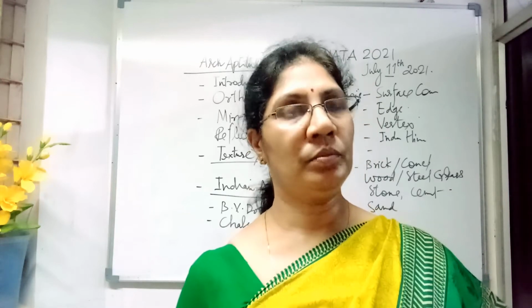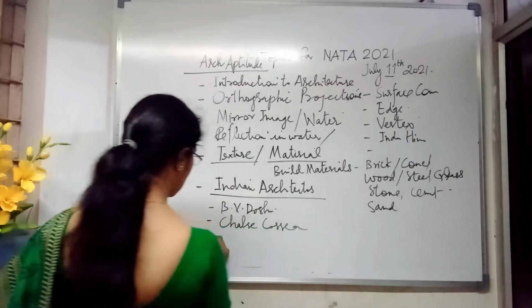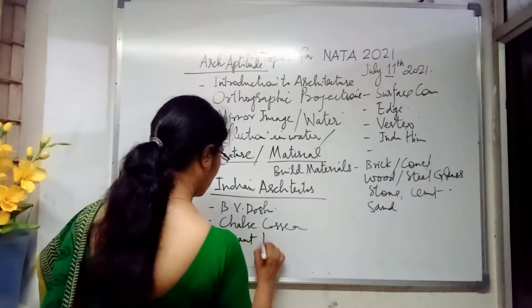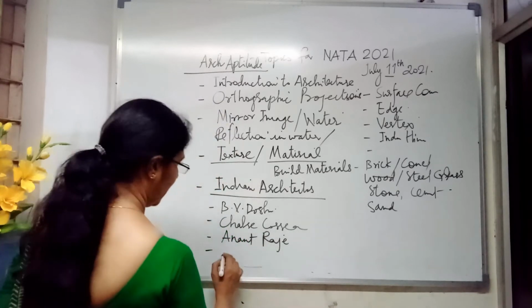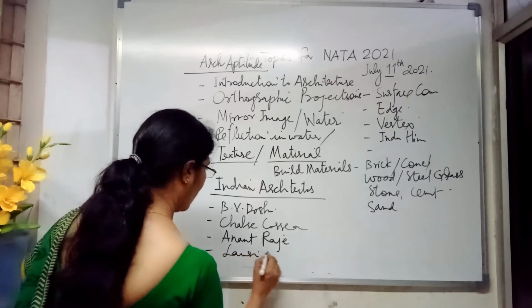So just remember that Charles Correa also is an Indian architect. Then Anant Raje and Laurie Baker.